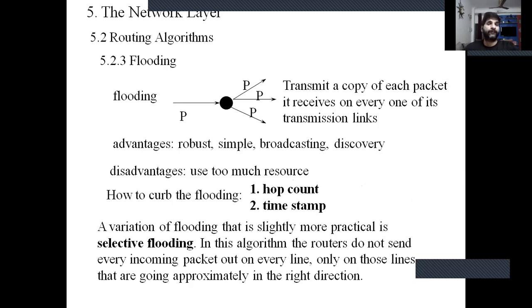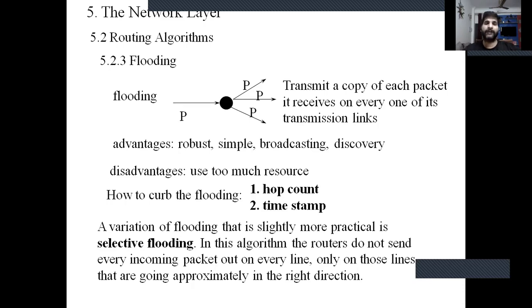The advantages are that it is robust and simple, and useful for broadcasting and discovery. The disadvantage is that it uses too many resources, because each router floods the packet on every link except the one it received the packet from. So the main disadvantage of the flooding algorithm is that it uses too many resources.